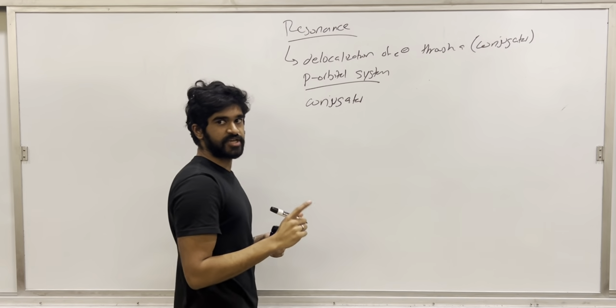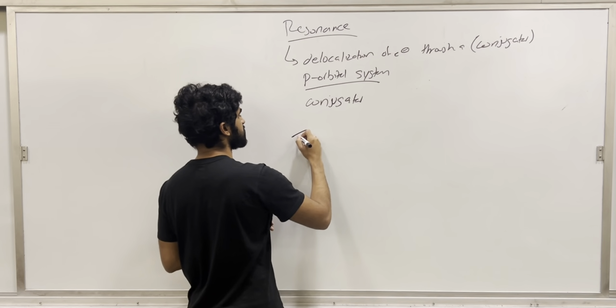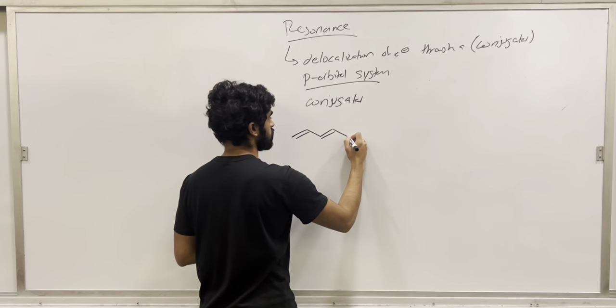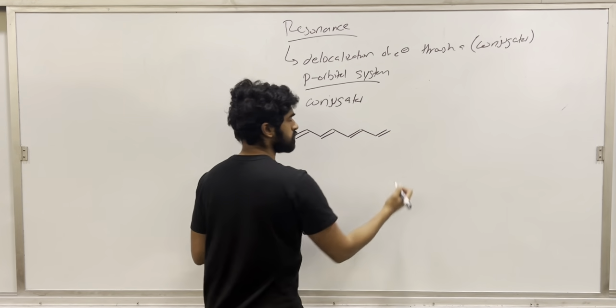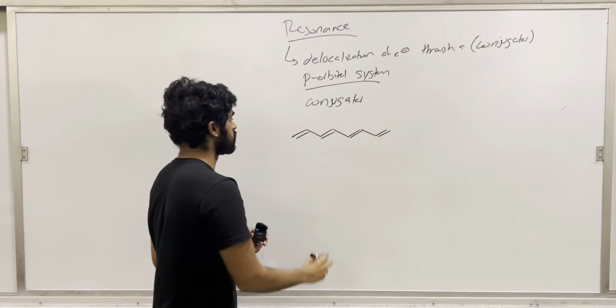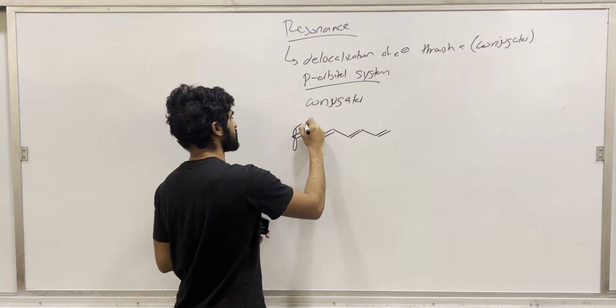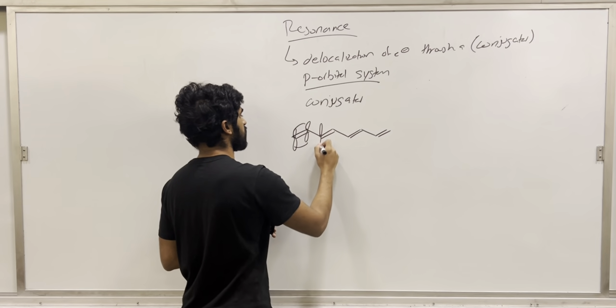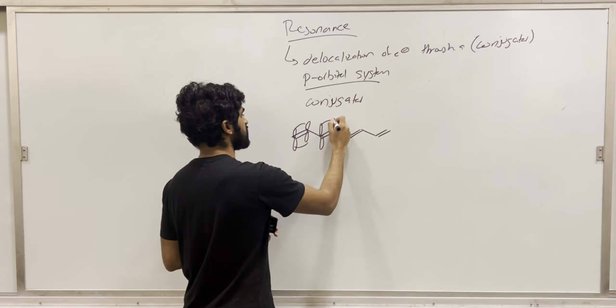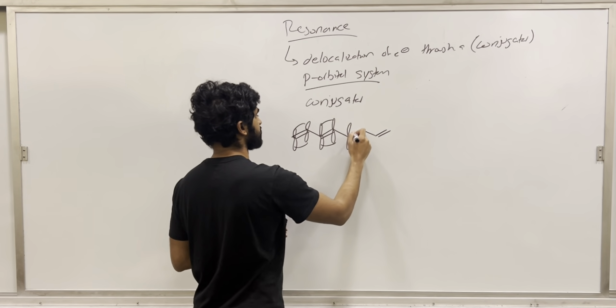So what would a conjugated system look like? It would look something like this, where those p orbitals only attach to one that's directly next to it, and your sp2 carbons are kind of staggered.